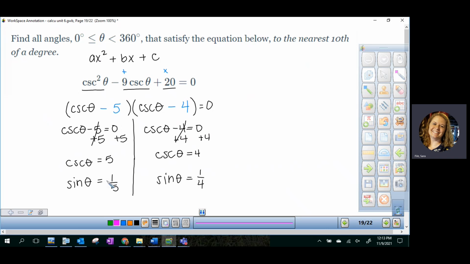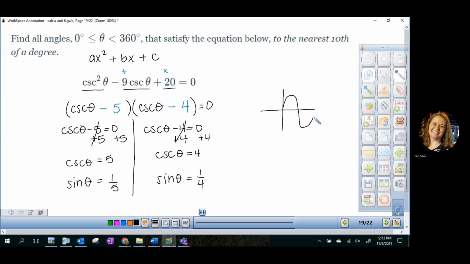But these numbers are not numbers that we wrote on the unit circle. Those are not at the special angles, 30, 45, and 60, that are the ones that we memorized and filled in. You have to think back to remember that we talked about how sine and cosine, those graphs, the highest they go is 1, and the lowest they go is -1, right?